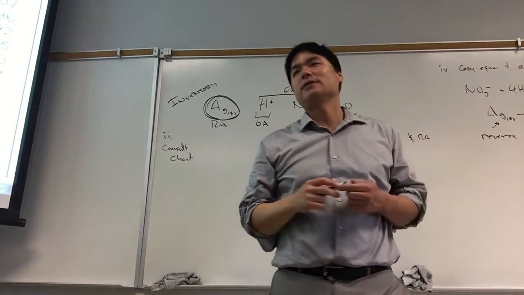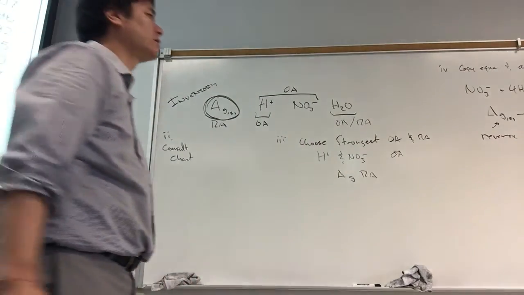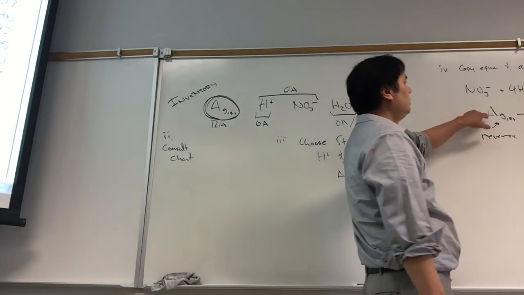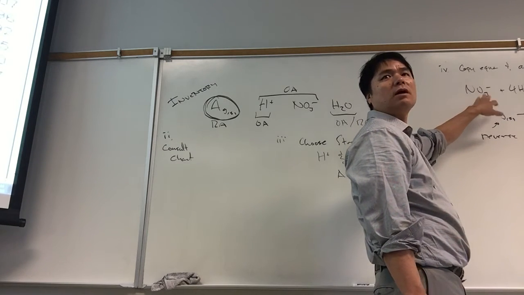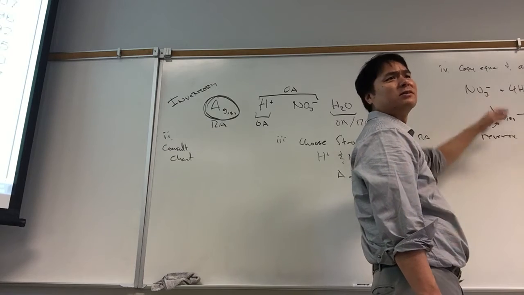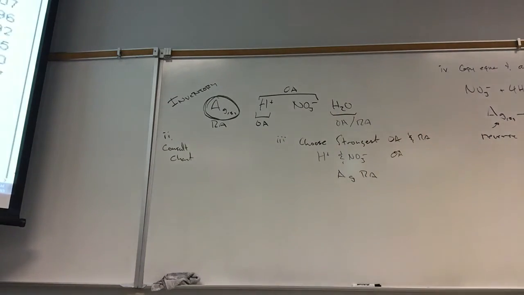Now, if we had Ag plus, we would just write it as is because Ag plus is a reactant. So here are our 2 reactants, right? Silver metal and nitric acid. Those are 2 reactants. Water turns out to not be a reactant because it's too stable in this particular case.